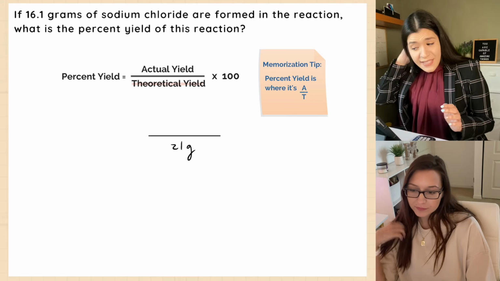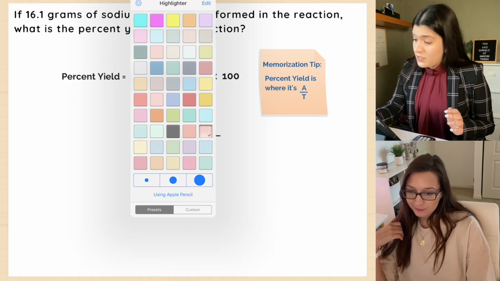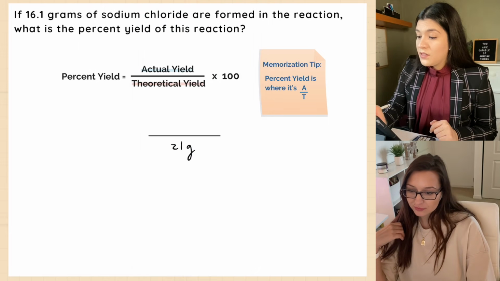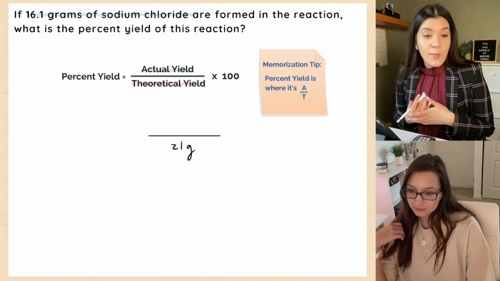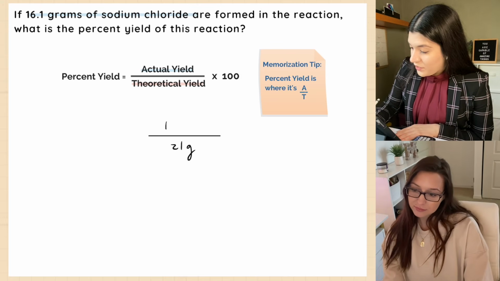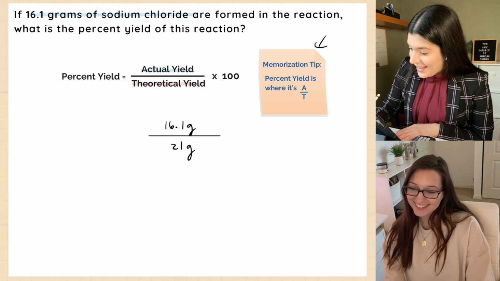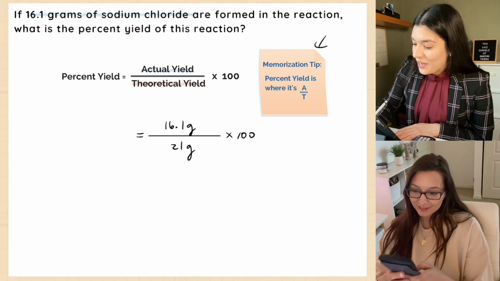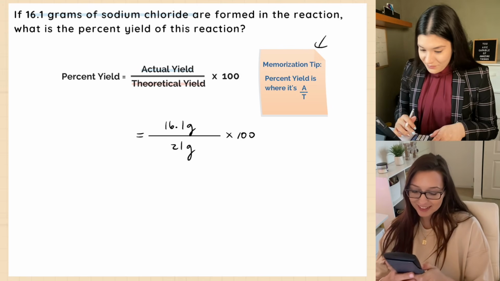Next, this question actually tells me what the actual yield is. It's 16.1 grams of sodium chloride. So all I have to do is plug it into the formula, and you'll know it because of this adorable memorization tip. Then you multiply by 100 and you've found your percent yield.